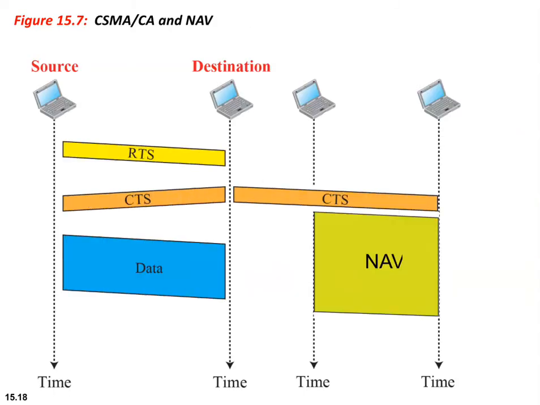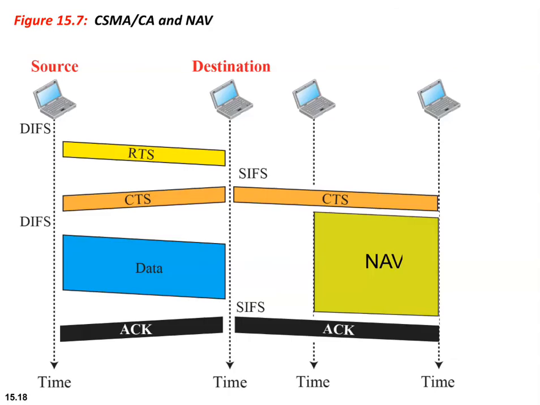Here the network allocation vector is a timer which provides no carrier sensing. Whenever a station starts a NAV, for that duration, which is the contention period, carrier sensing will be disabled.